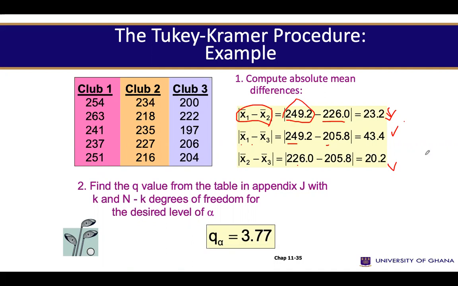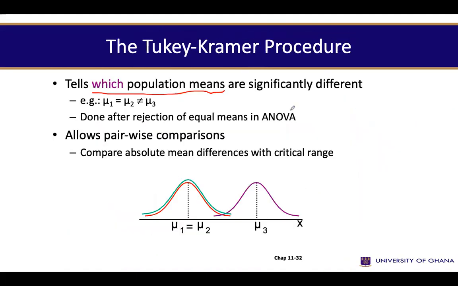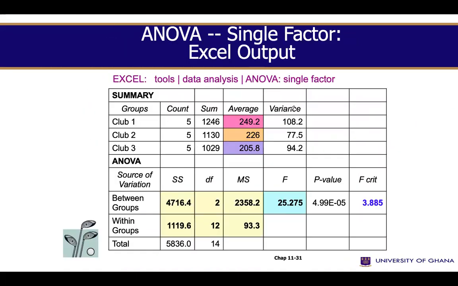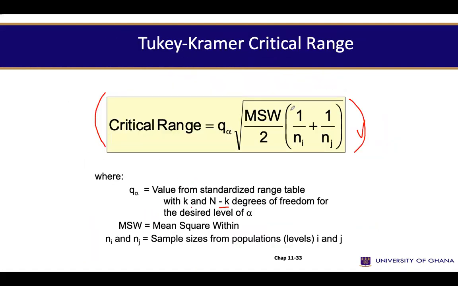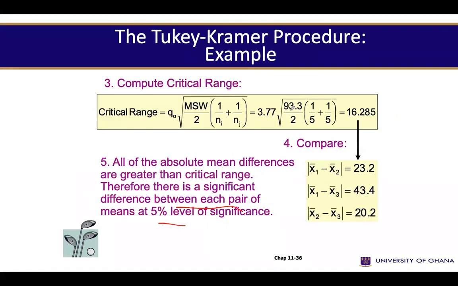But the MSW is what we recorded in the analysis of variance that we did. We had an MSW of 93.3, so we're going to use that. The only thing that differs in the calculation of the critical range for each pairwise comparison is the sample size.